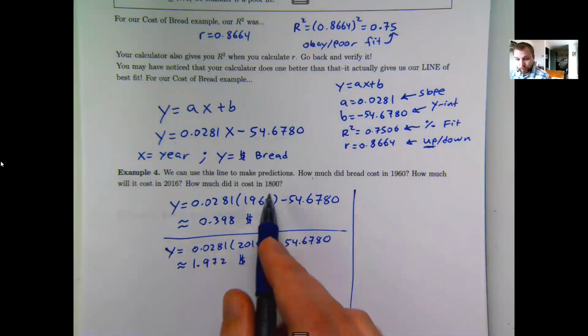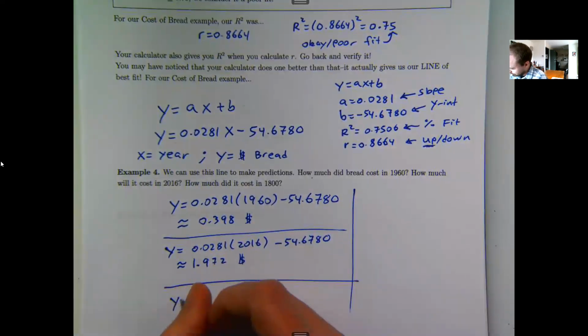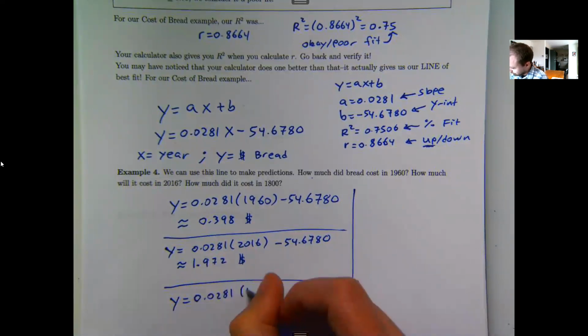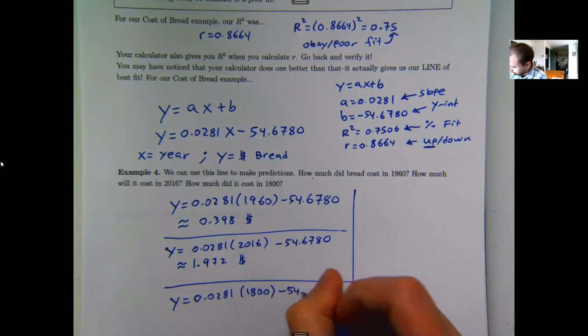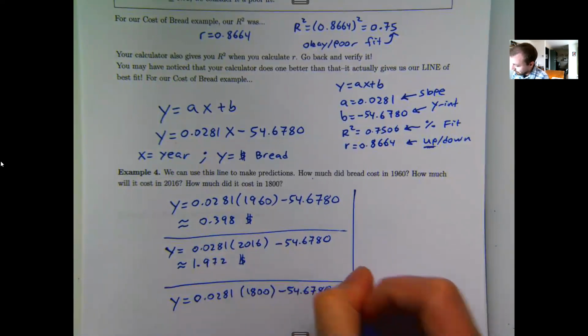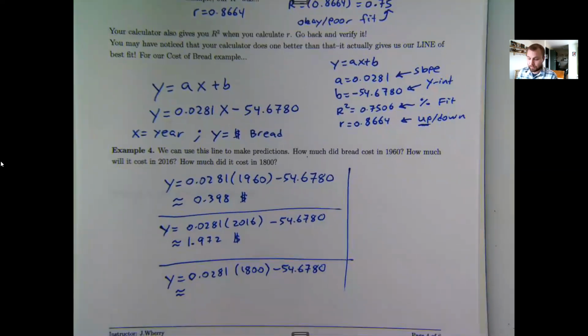And let's see how much bread should cost in the year 1800. I'm putting 1800 in for the x value for the year. I'm typing that into my equation.